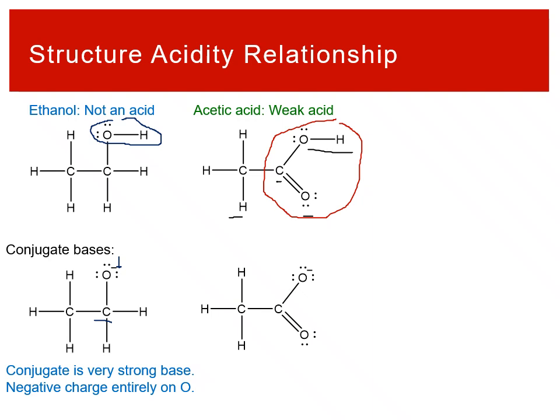It's not like a chlorine or something that can help pull away that charge. Instead, there is just a bunch of extra charge hanging out on this oxygen, an extra lone pair that is a very, very strong base. That's very attractive to H pluses, and would aggressively react with any hydrogens it could find.